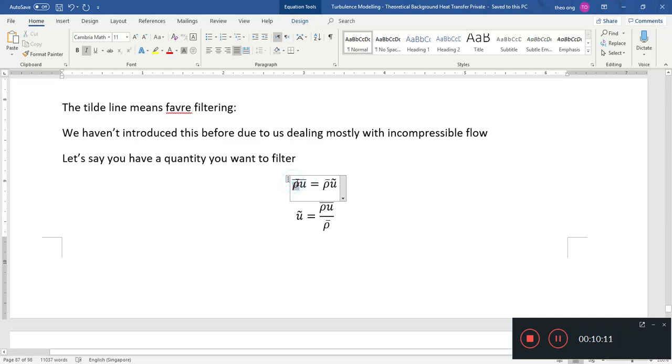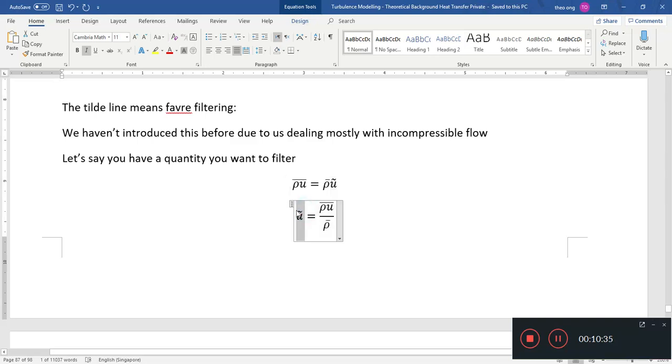Alright, so if you want to do a Favre filtering on u, all you have to do is this. You realize that rho u, and you filter this product, that will be equal to the filtered density, the resolved density, times this u tilde.